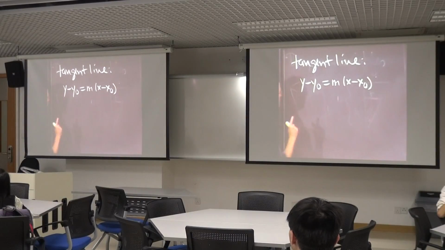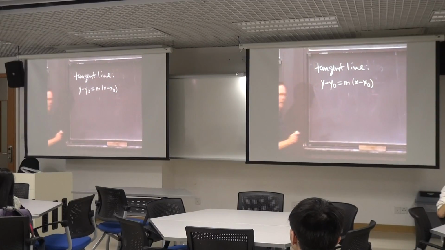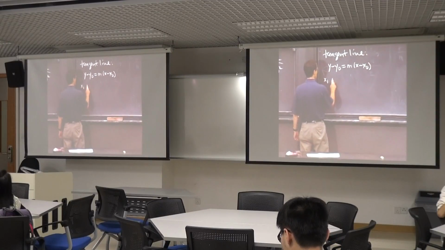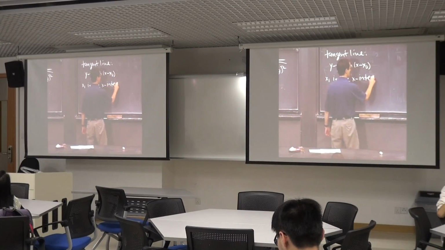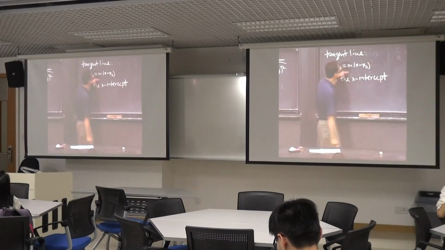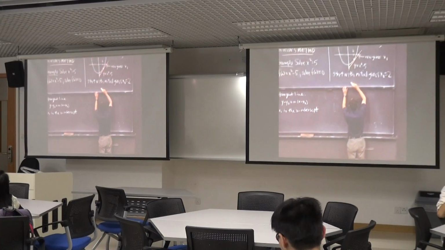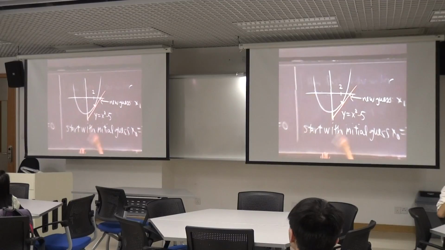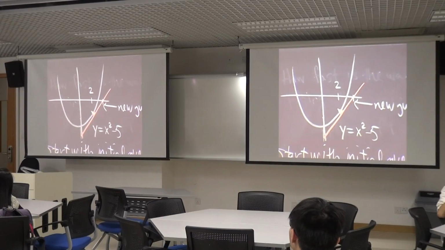And now I have to tell you what x1 is in terms of this tangent line. x1 is the x-intercept. If you look over here at the diagram, the tangent line is the orange line. Where that crosses the axis, that's where I want to put x1. All right, so that's the x-intercept.